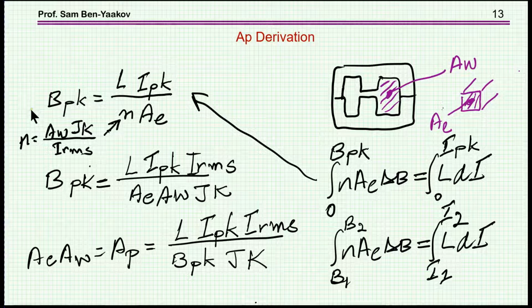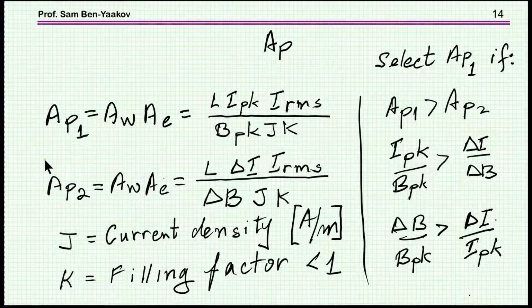Now this expression here came from the integral from 0 to the maximum value of the magnetic flux density. Obviously we can do the same thing from B1 to B2, and in this case we are going to have another expression which is similar to this first one, except that here we have delta I and here we have delta B. So we have now two expressions for the area product.